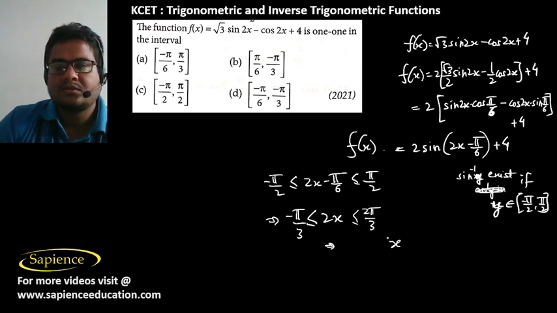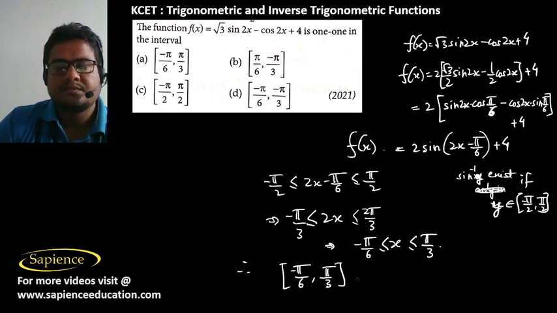Then x will be greater than or equal to minus pi by 6 and less than or equal to pi by 3. Therefore the interval in which this function is 1 is minus pi by 6 to pi by 3. So option A is the correct answer.